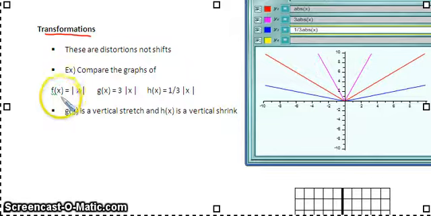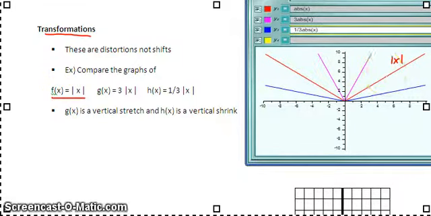So if I want you to look at the parent function, again, I'd like you to have three different colors with you, maybe a pen, a pencil, and a highlighter, or maybe specifically 3 highlighters. If you have the absolute value of x, and that's what this red graph is here, that's our parent function.